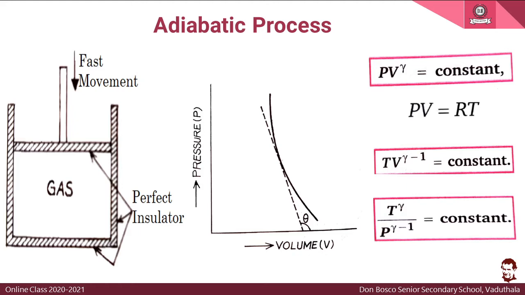Okay, adiabatic process. In its indicator diagram you can see its slope will be greater than the slope of the isothermal process. And the equation we are representing is PV raised to gamma is constant, something new to you.